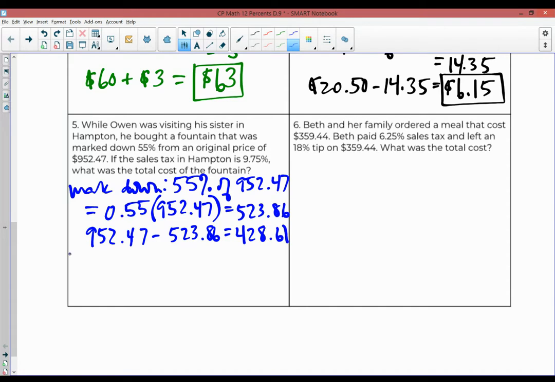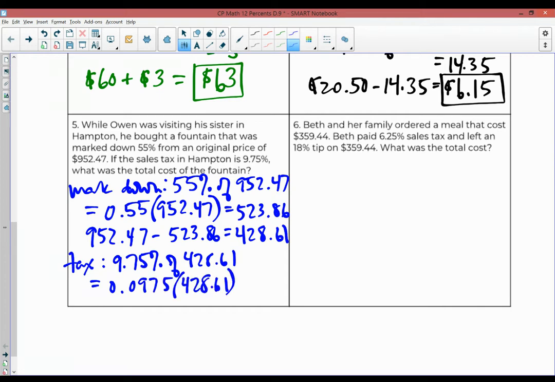And then now we need the tax. 9.75% of 428.61. So that's 0.0975 times 428.61, which is 41.79.